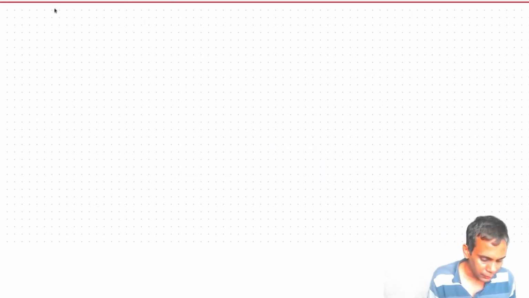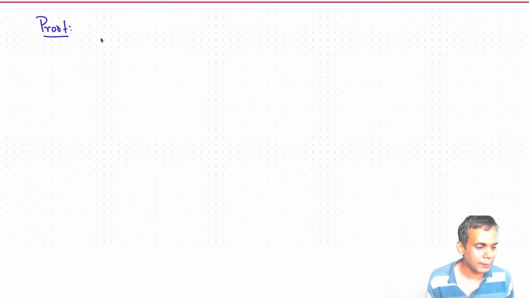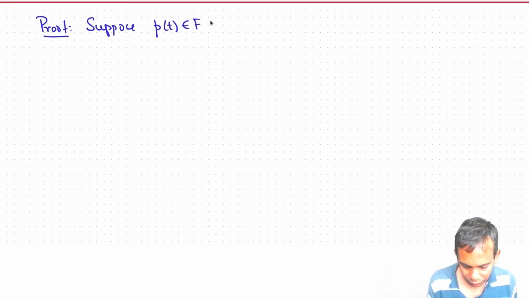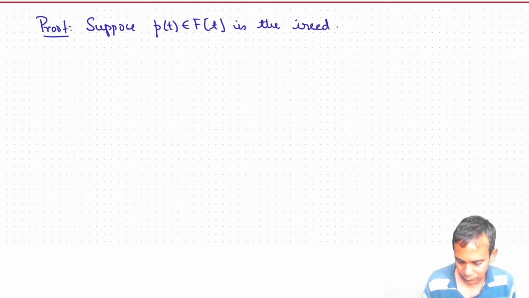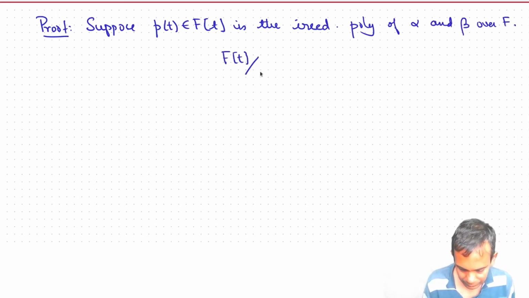So here's the proof. To start with, let's assume that alpha and beta have the same irreducible polynomial over F. So suppose P(t) belongs to F[t] is the irreducible polynomial of alpha as well as beta over F. So then we have F[t] mod P(t).